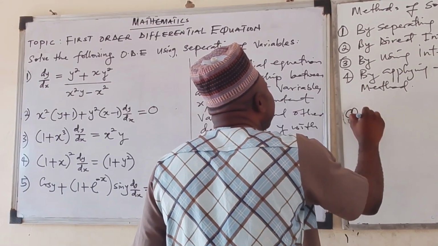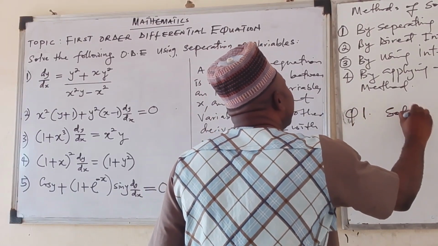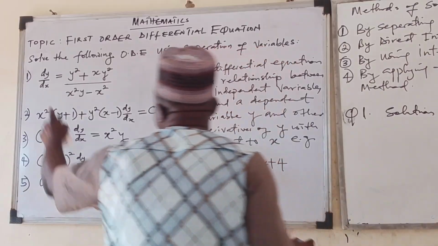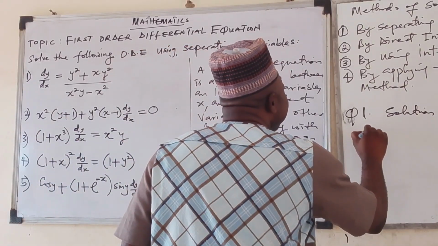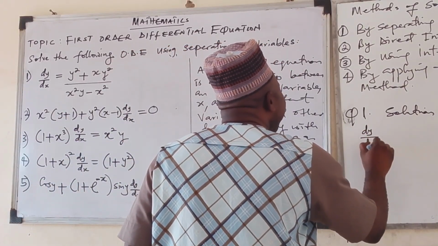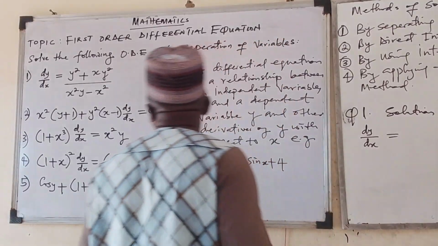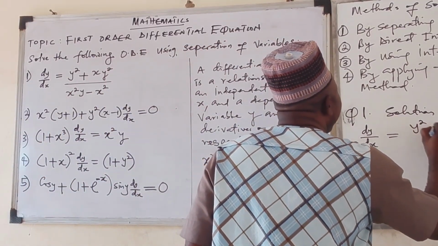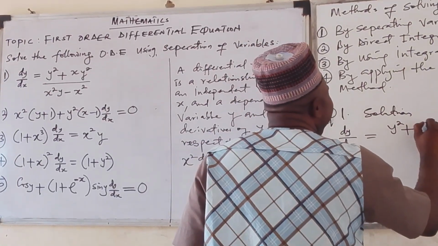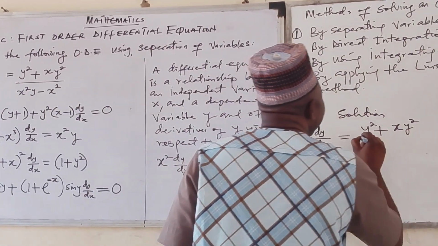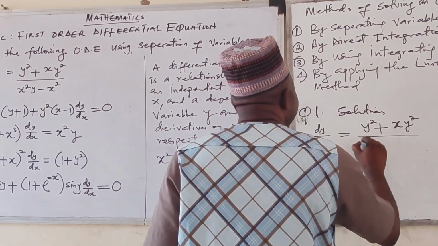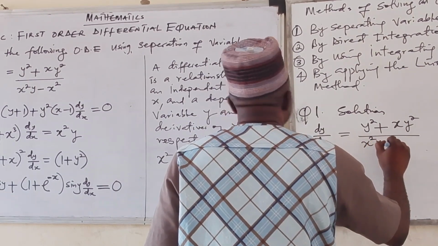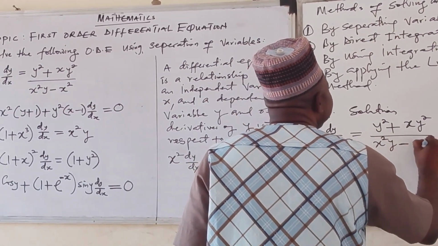Now, question one, solution. The question is dy/dx is equal to (y squared plus xy squared) all over (x squared y minus x squared).